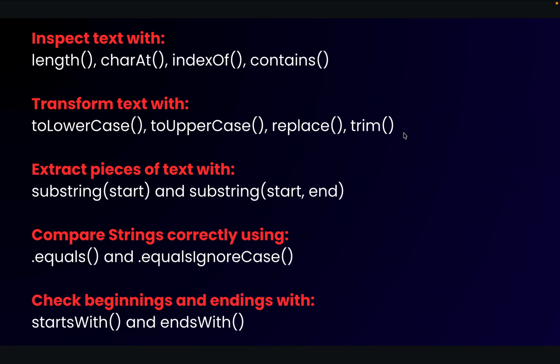If you're trying to extract certain pieces of text from a string, you can use the substring method, either using only the start index or using the start and end index. If you're looking to compare strings, you can use dot equals, and there's another method called dot equals ignore case, which will ignore the case, uppercase or lowercase.